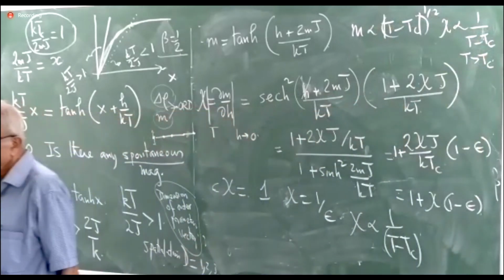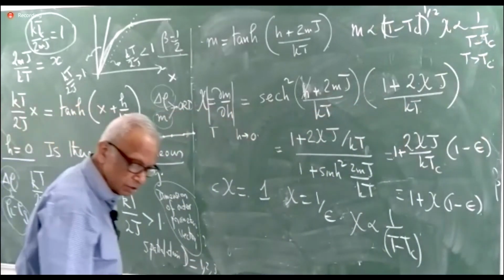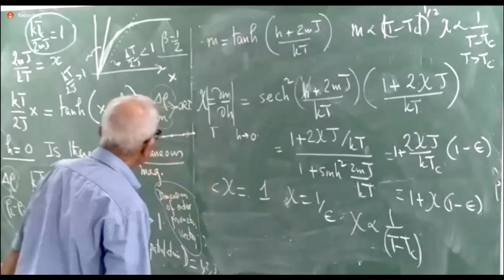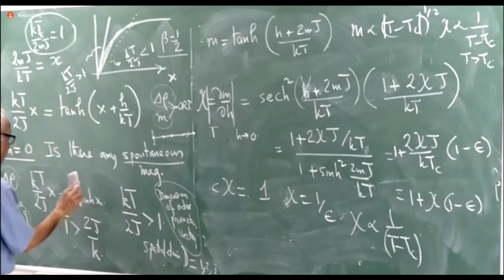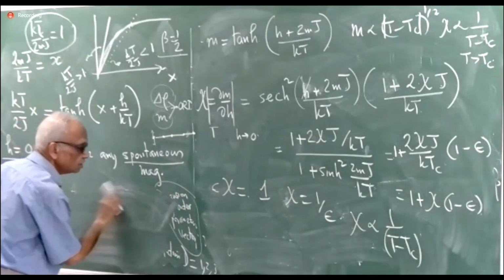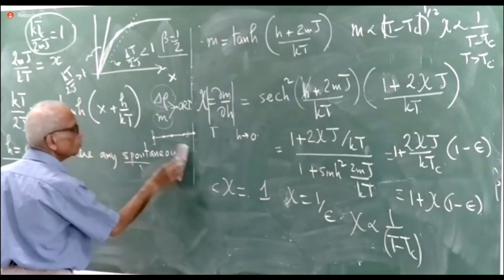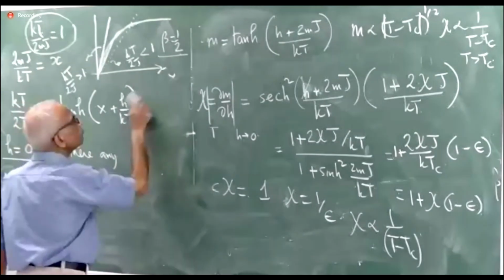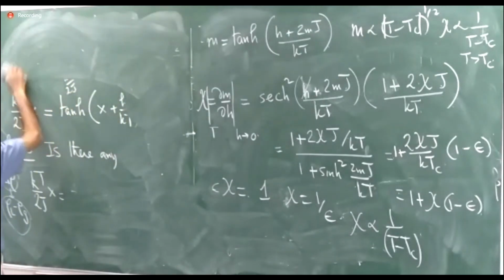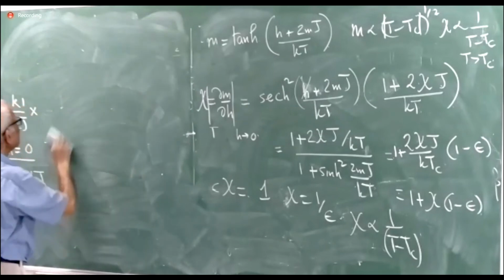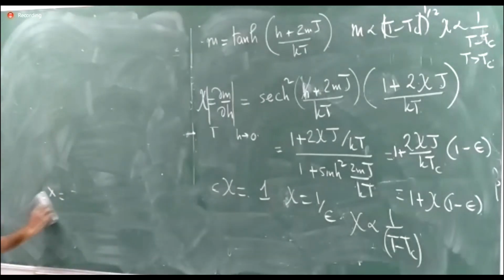The slightly more ambitious calculation is now to do the susceptibility for T less than Tc. There is an interesting issue over here, and therefore this actually needs to be done somewhat correctly.